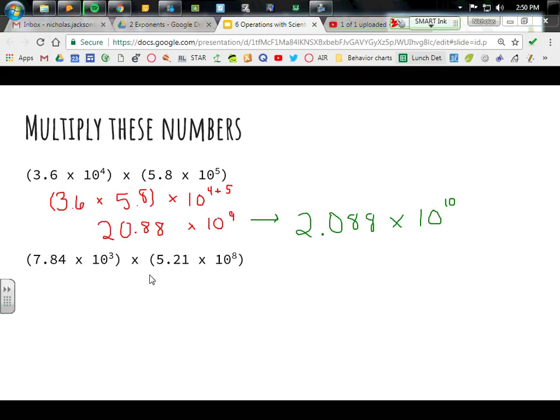So let's try this one. 7.84 times 10 to the 3rd times 5.21 times 10 to the 8th. So we start with 7.84 times 5.21, and that's going to be multiplied by 10 to the 3 plus 8 power.